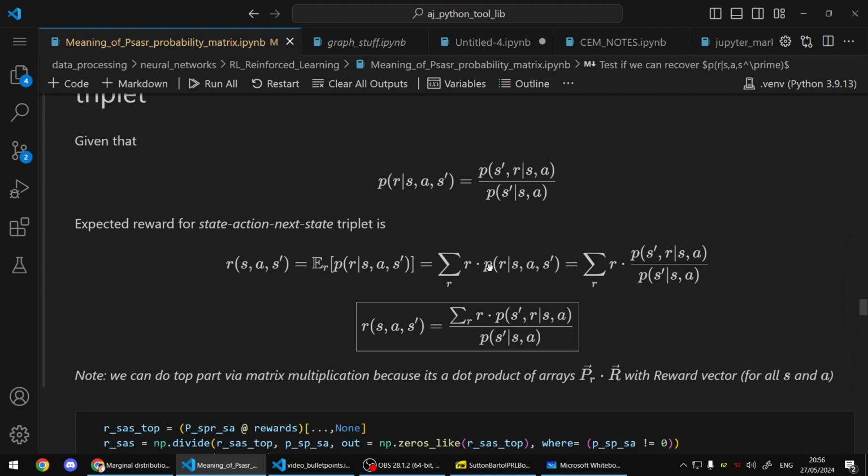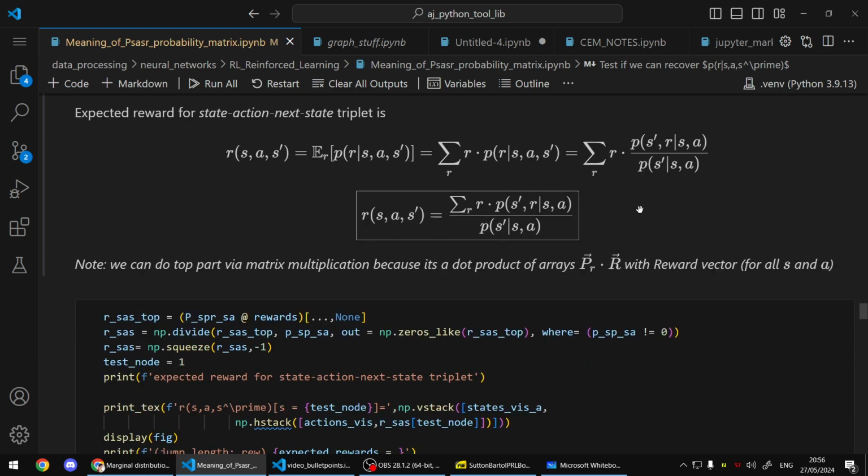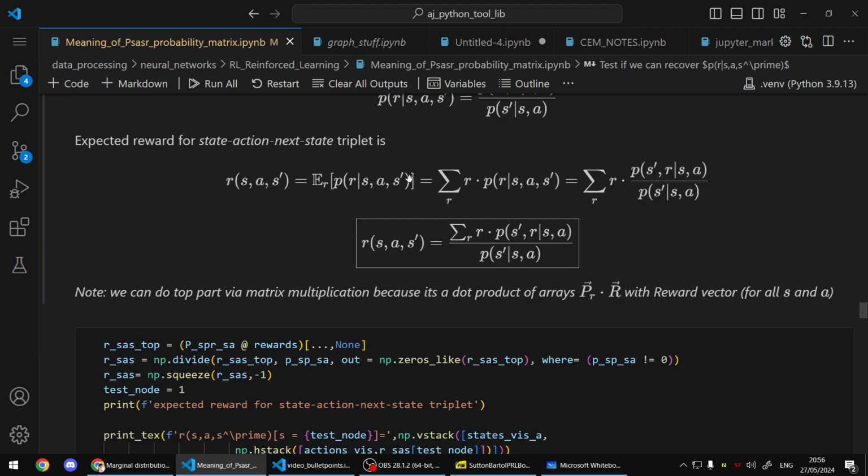So in fact, we just have to do this multiplication. But you can notice that, just by the structure of how we pack probabilities and rewards, it's nothing else than multiplying our P matrix by the rewards.